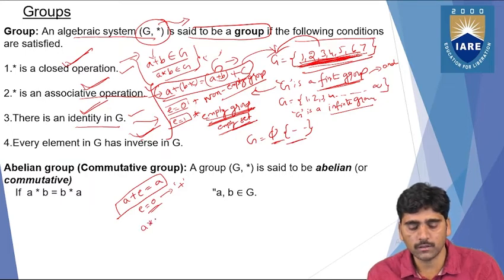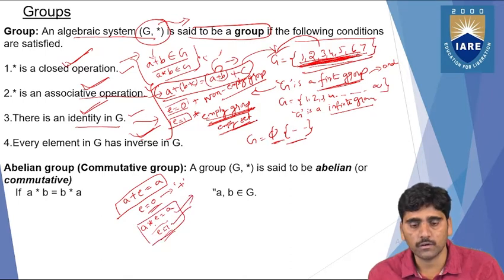Similarly, A star E equals A with respect to the star operator, where E equals 1. So E equals 1 is the identity element with respect to multiplication, and E equals 0 with respect to addition. So it satisfied the identity property also.